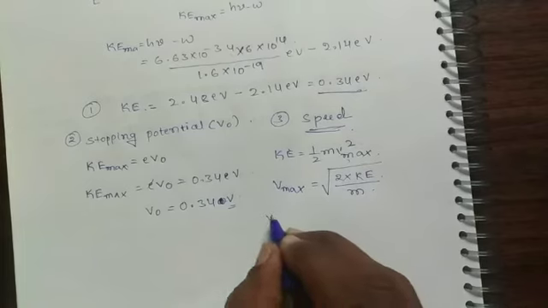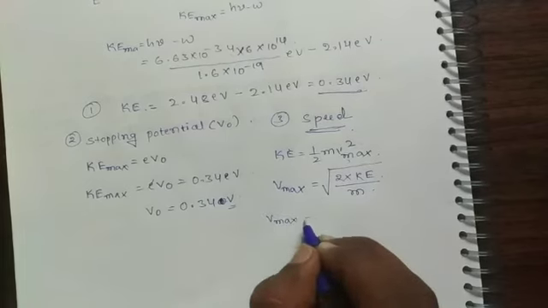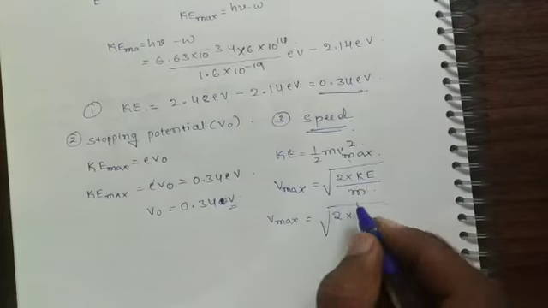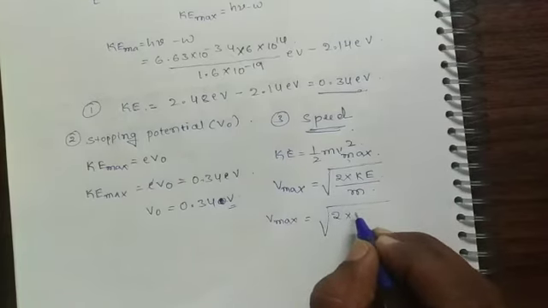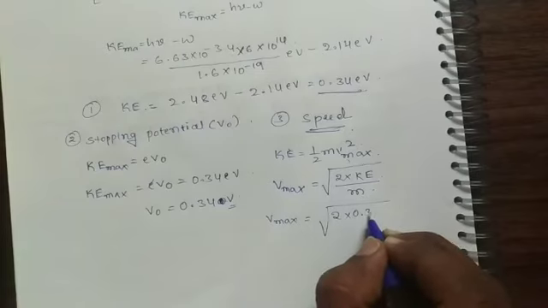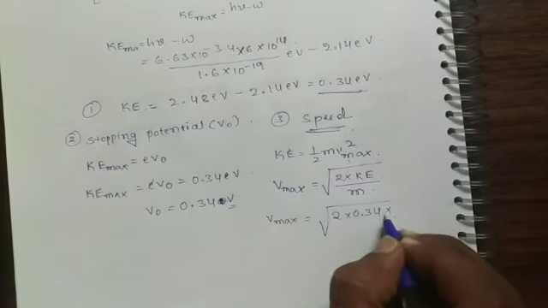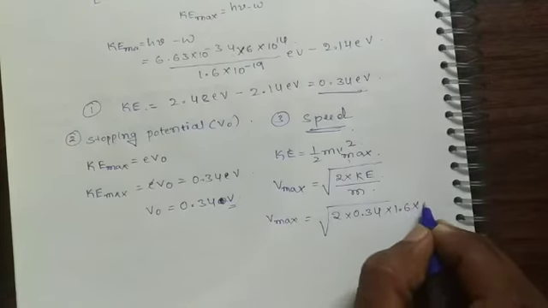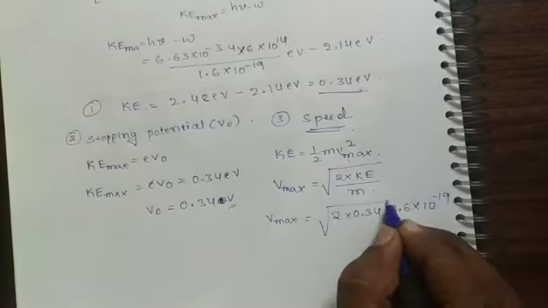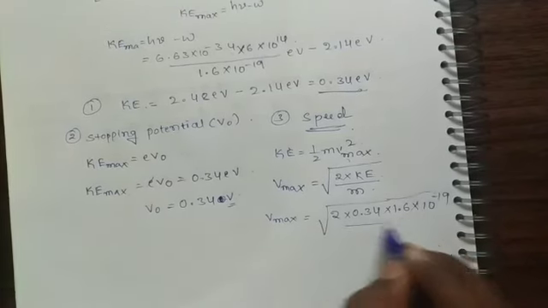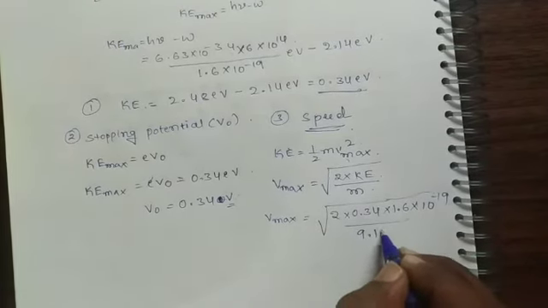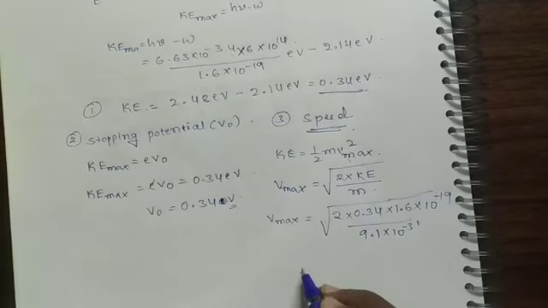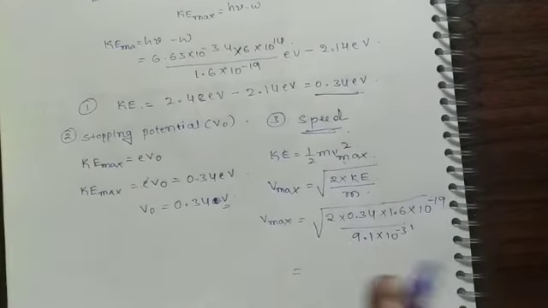So it is the root of 2 into 0.34 electron volts, into 1.6 × 10^-19, divided by the mass of electron 9.1 × 10^-31. Simplify this equation.